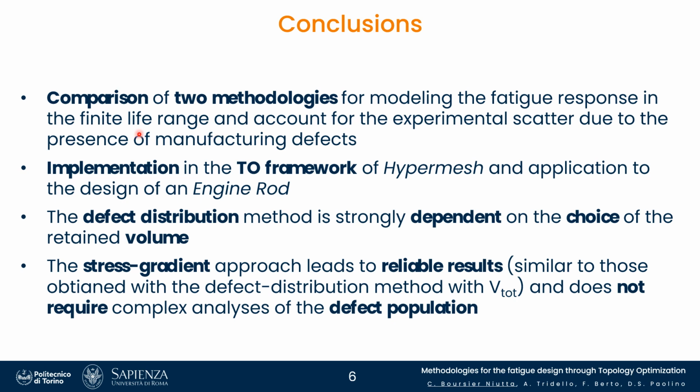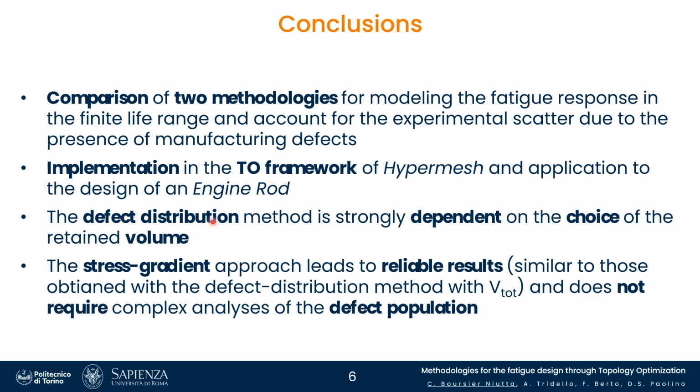In conclusion, I've shown you a comparison of two methodologies for modeling the fatigue response in the fatigue life range and accounting for the experimental scatter due to the presence of manufacturing defects. I've shown you how to implement these into the topology optimization framework and shown the application to an engine rod.